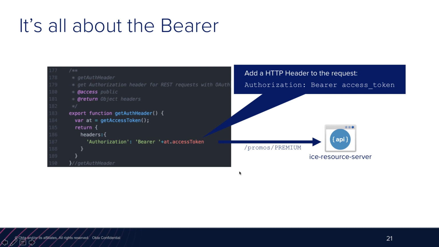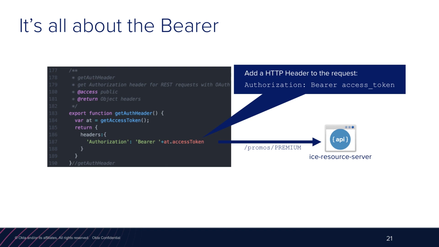This is basically the way the Promos UI tells the Promos API, hey, I'm making this call, but I'm sending you the access token. The access token works almost like a cookie would work in your browser, but this is being used in an API, in an app to API call.